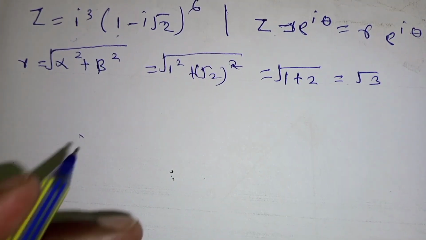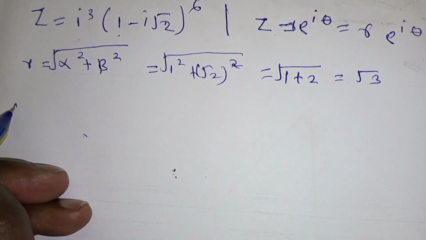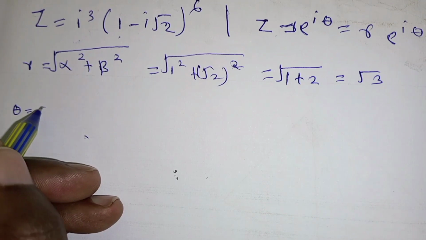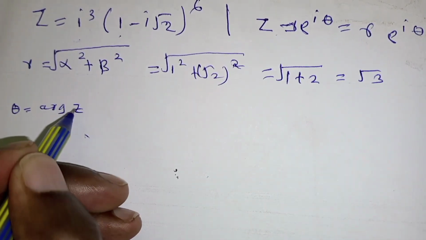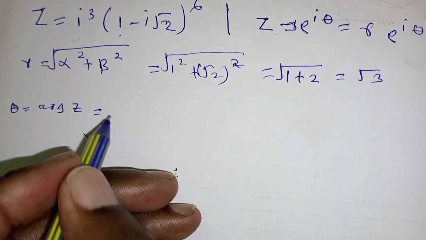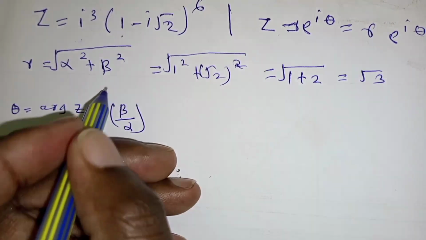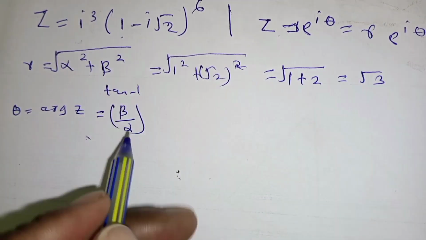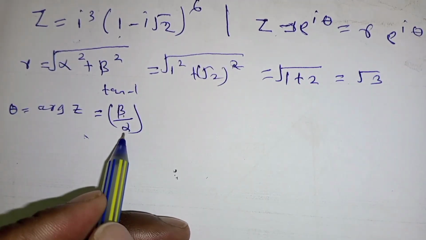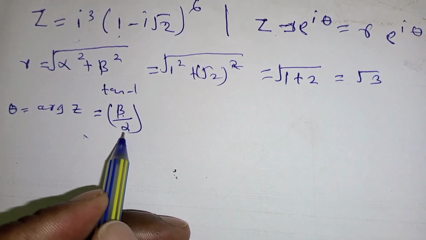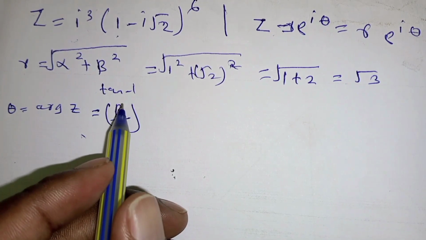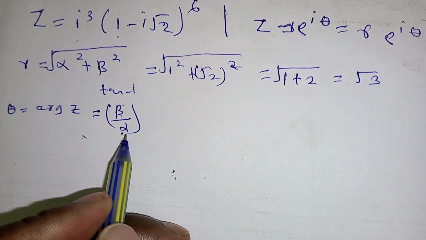Then from there, we get our theta, which is the argument of z, found by tan inverse of beta over alpha, whereby beta is the imaginary part and alpha is the real part.